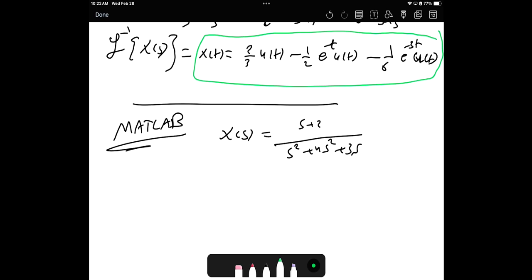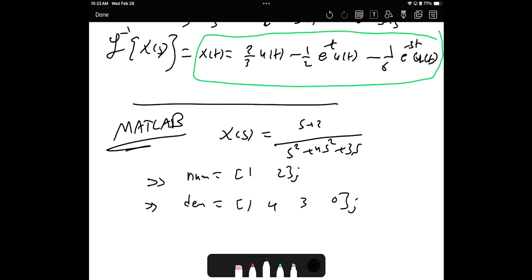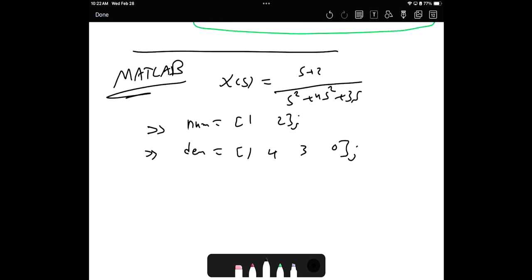MATLAB can help me in doing the whole job, and can help me in doing the partial fraction as well. How? In the command window you write the numerator, which is 1, 2, and the coefficients of the denominator, which are 1, 4, 3, 0. We know how we do this. Then how to find the partial fraction expansion?